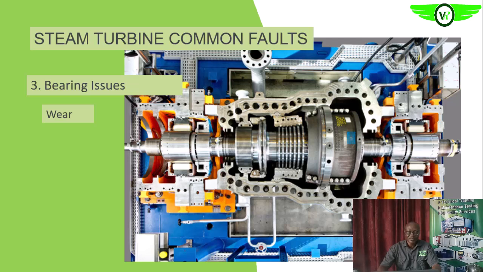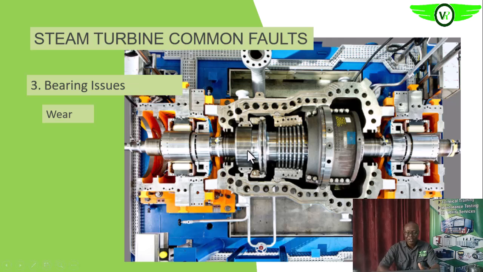One, bearing wear. Remember, during normal operations, since we have a sliding surface, like here, we have this surface and on the other is this rotor journal running on this bearing. So there's every tendency that there must be wear of the bearing itself, because it is meant to wear preferentially to this journal material.